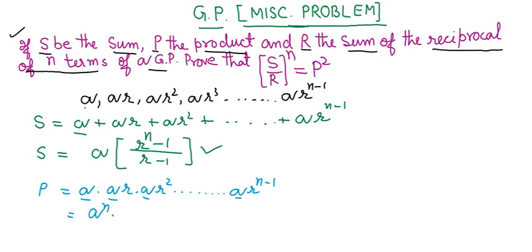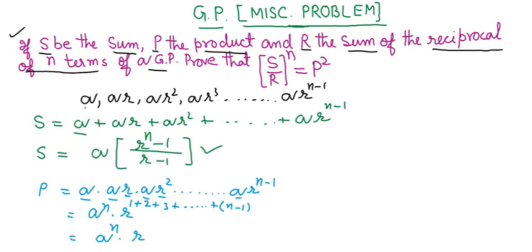Now see the product of r square and so on up to r raised to the power n minus 1 may be represented as r raised to 1 plus 2 plus 3 plus and so on up to n minus 1 terms.